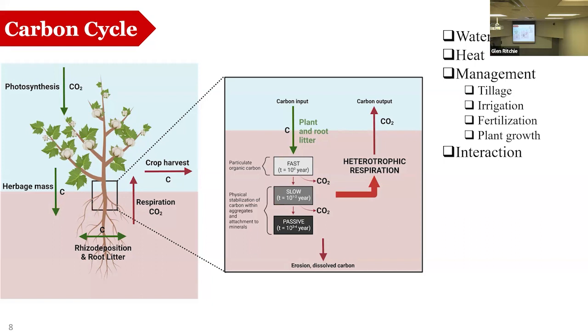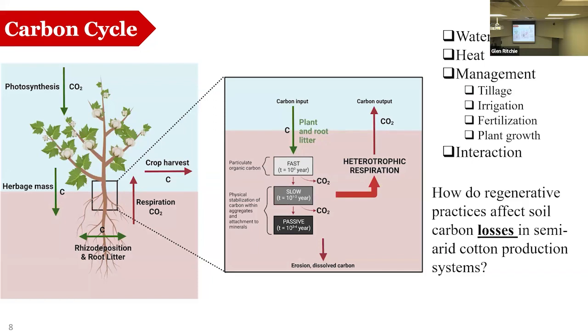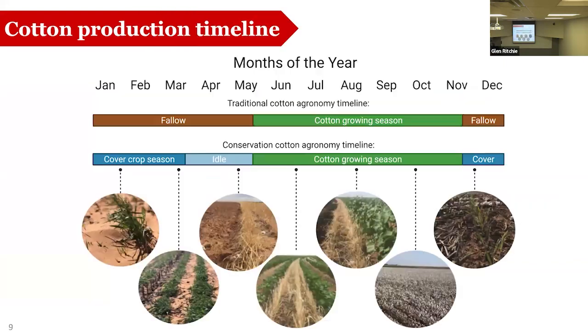And that'll make it easier for that biomass to be lost to CO2, because microbial respiration is going to be promoted when we're applying a lot of nitrogen along with our carbon inputs. And of course, the interaction between all these factors is going to play a very large role in how carbon is cycled in these systems. So our question is how do these regenerative practices affect specifically the losses in our semi-arid systems?